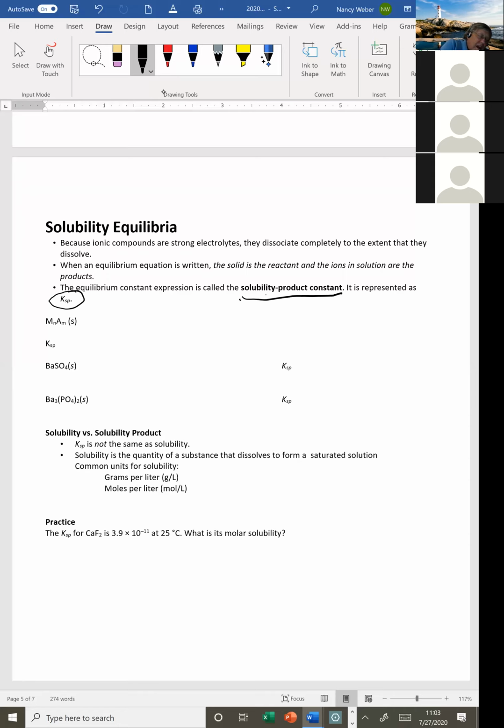Now, if I have an ionic compound, and this is just a general form, the way I show solubility is it starts off as a solid, and then it can dissociate to some extent into the ions. I didn't write that very well.